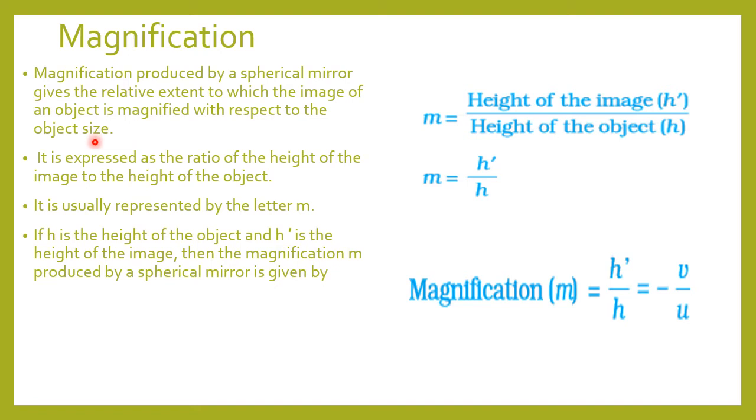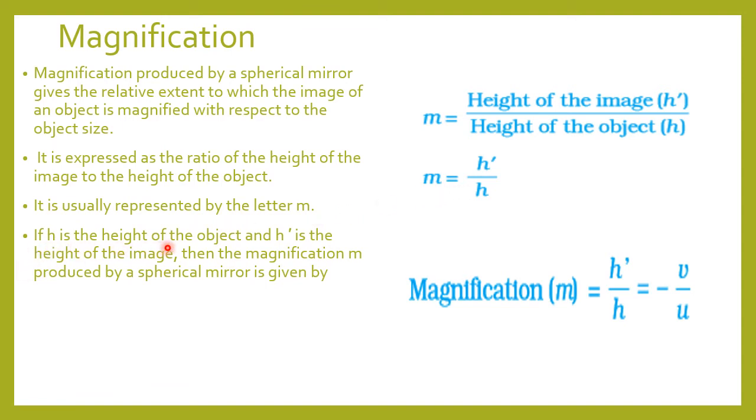This is actually a comparison between the object and the image. It is expressed as a ratio of height of the image to the height of the object. It is usually represented by the letter small m.